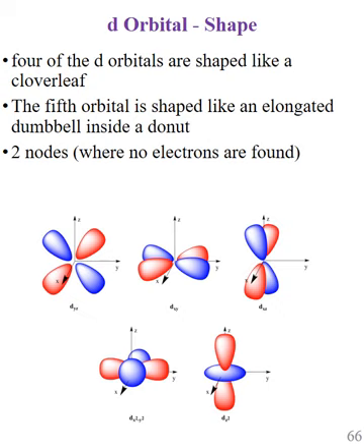What you have to do is kind of think of a sheet of paper. So you would have one node right along this axis. You would have a second node when you kind of cut it in half here. So you have a total of 2 nodes.